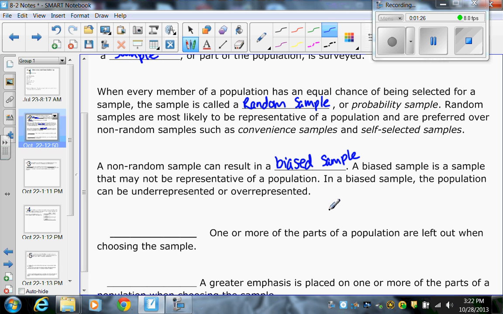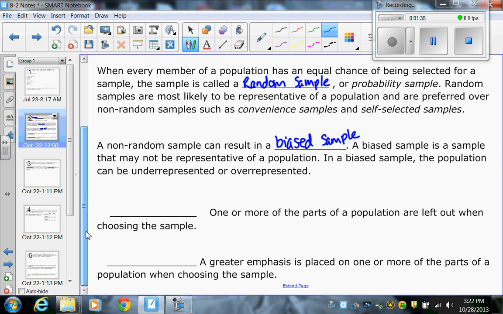A biased sample is a sample that may not be representative of the population. In a biased sample, the population can be underrepresented or overrepresented. Underrepresented means that one or more parts of the population are left out when choosing a sample.